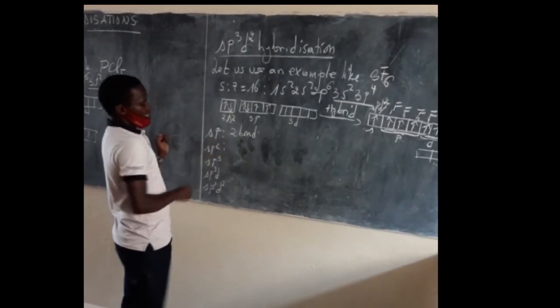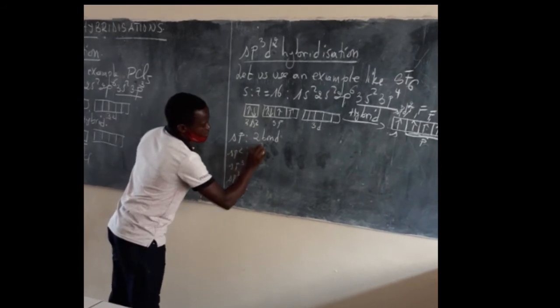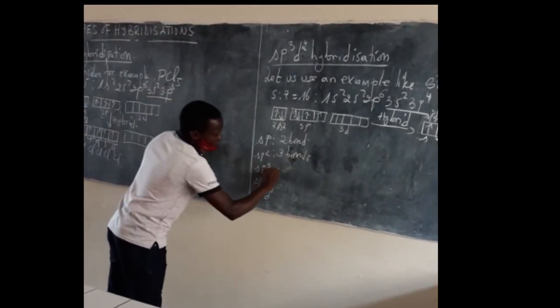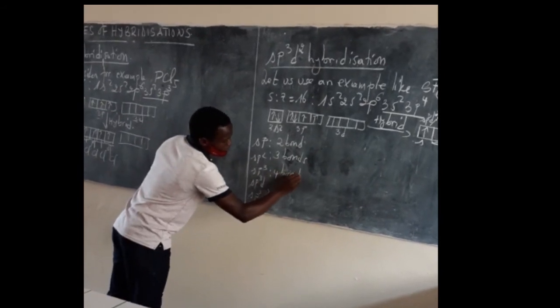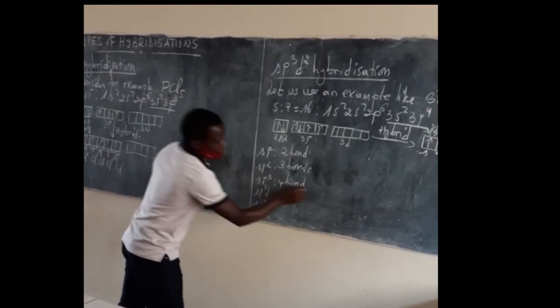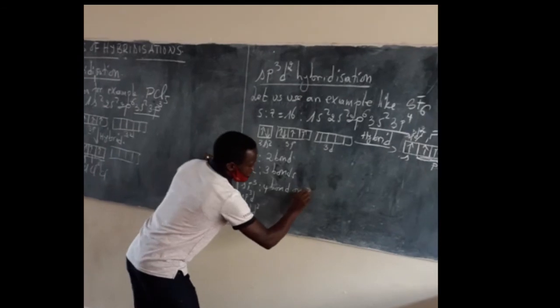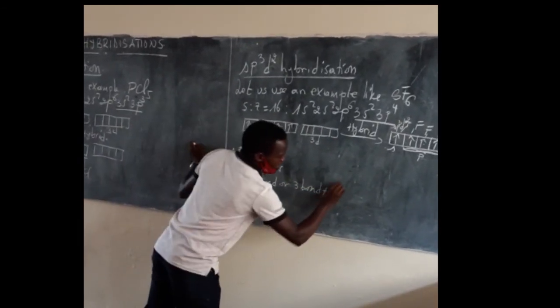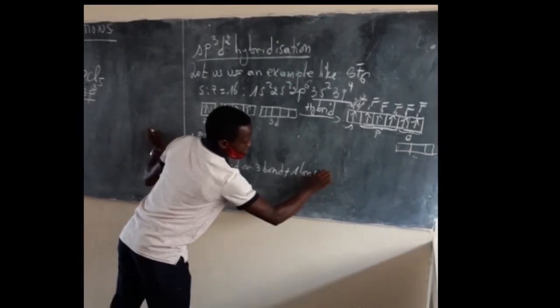Here I will have at least three bonds. In this case, I have four bonds. They can be, for example, four bonds, or three bonds plus 1 lone pair.